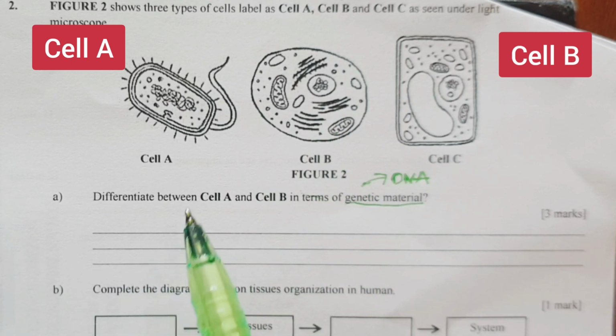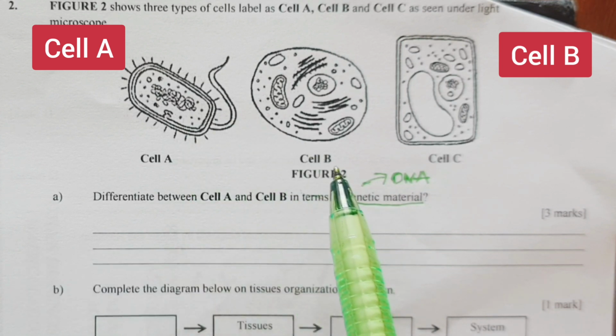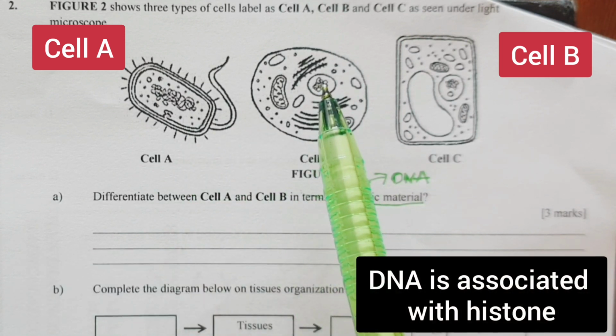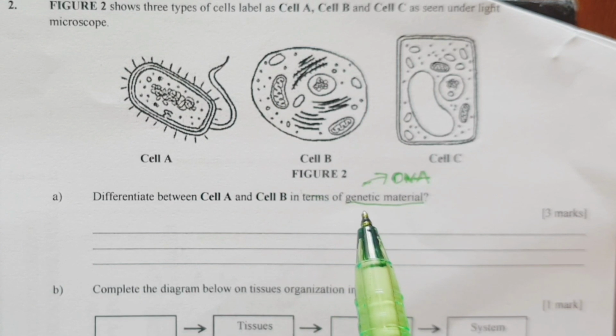Next point, cell A, the DNA is not associated with histone, but for cell B, the DNA is associated with histone. So itu sahaja yang diterima untuk comparison in terms of genetic materials. Kalau compare dari segi karakteristik lain, tidak akan diterima sebab tidak diminta di dalam soalan.